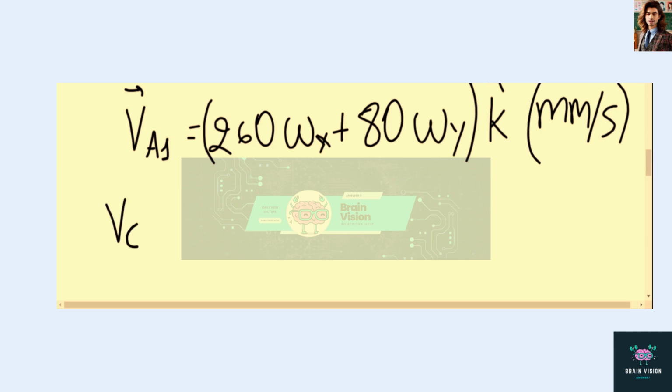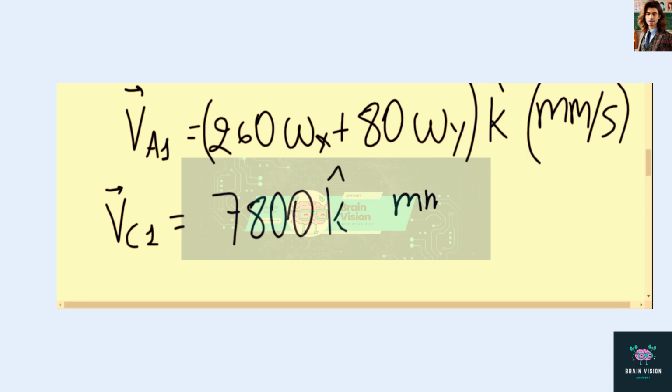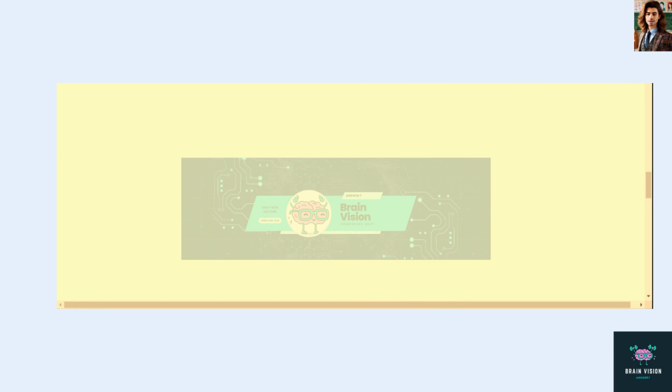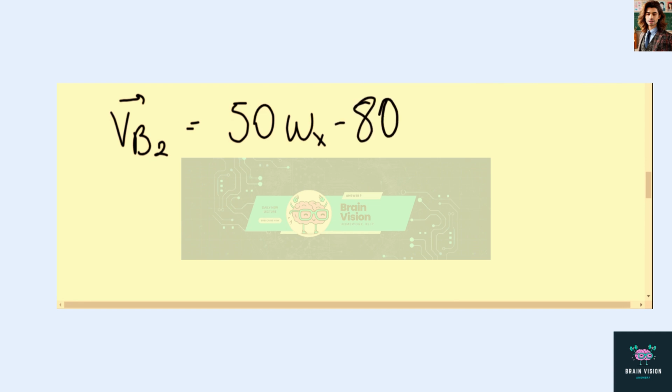It's more convenient. Correspondingly, the linear velocity for point A at the rim of gear C is this one, and also the linear velocity of point 2 at the rim of gear B is this one.